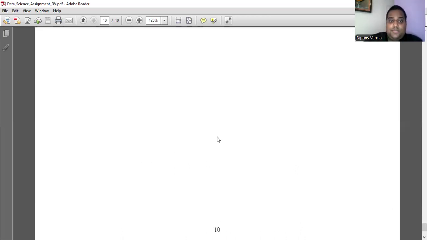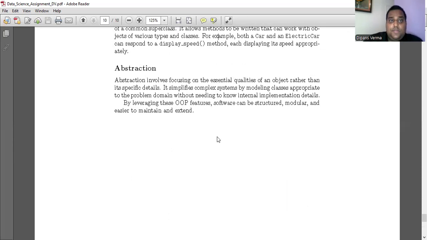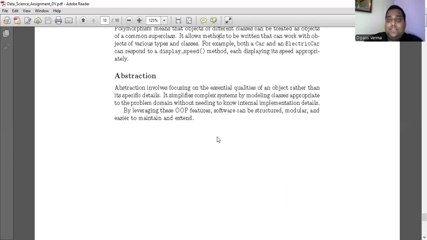Similarly I can take abstraction. Abstraction involves focusing on the essential qualities of an object rather than its specific details. It simplifies a complex system by modeling classes appropriate to the problem domain without needing to know internal implementation details.